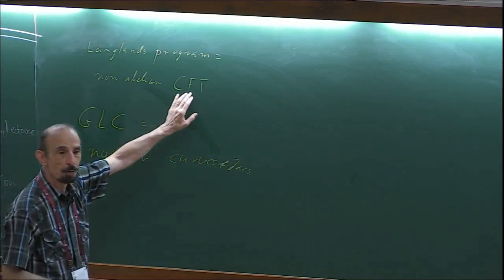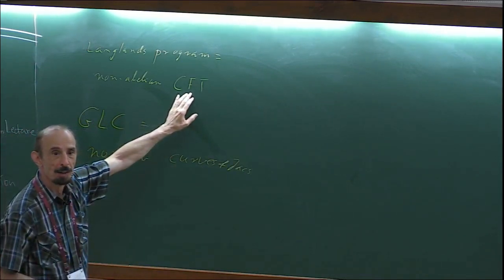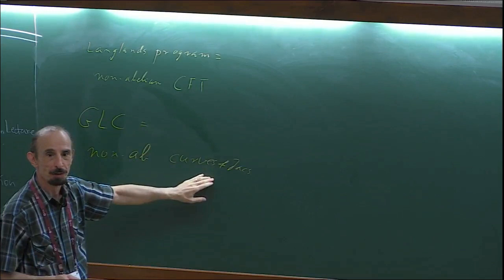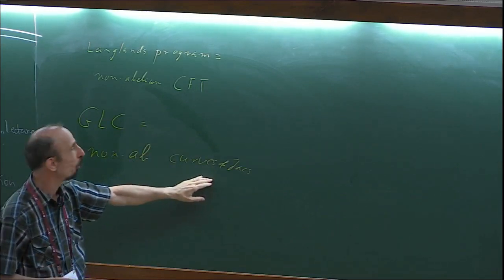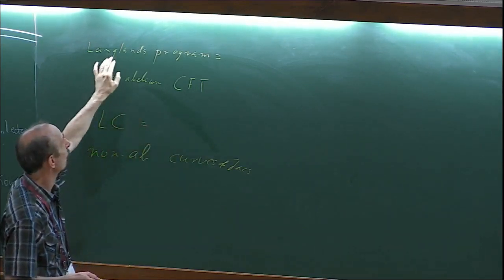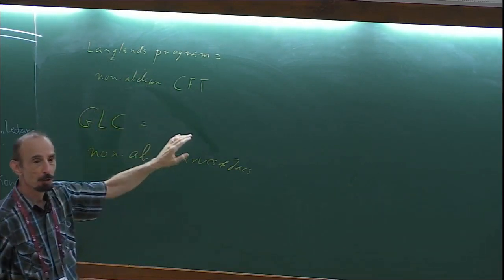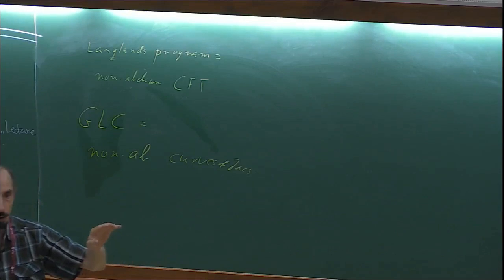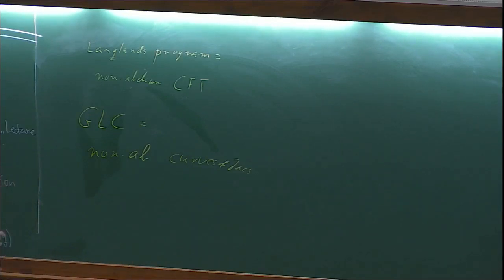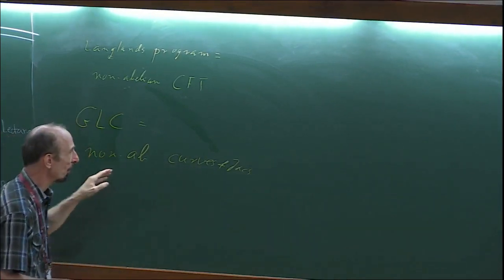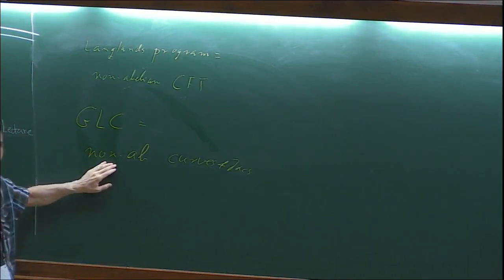So you can think of class field theory as an arithmetic version of Riemann surfaces and their Jacobians, and the general Langlands program is a non-abelian generalization of the arithmetic version. Geometric Langlands is a corresponding generalization of the theory of curves and Jacobians. So I'm going to start by reminding you what this story is.